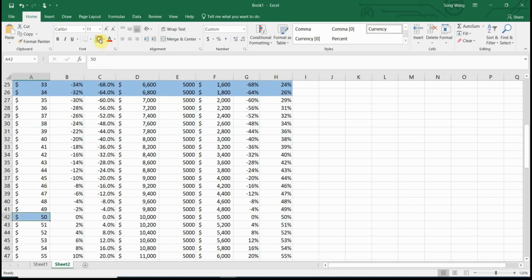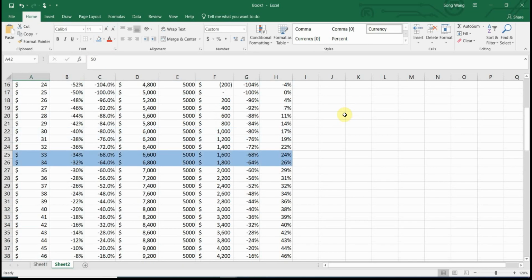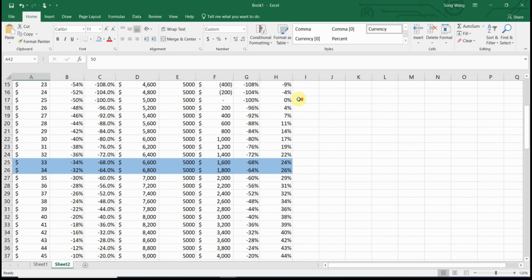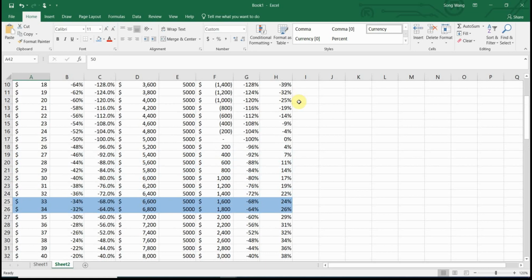So this is your start point. If it drops to 33 or 34, you're going to face a margin call. And they will not let you drop down to 22, 19, 4%, 0%. The broker will not allow that kind of drop. They will force you to sell the stock, and you will retain 24% of it, and the $5,000 will go back to the broker.